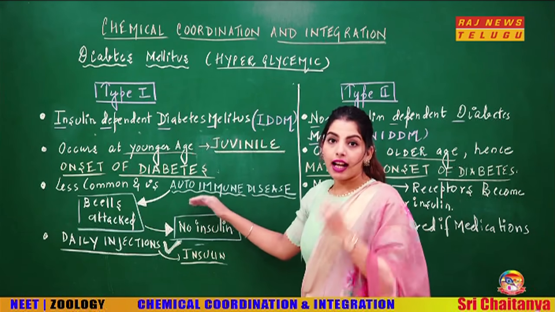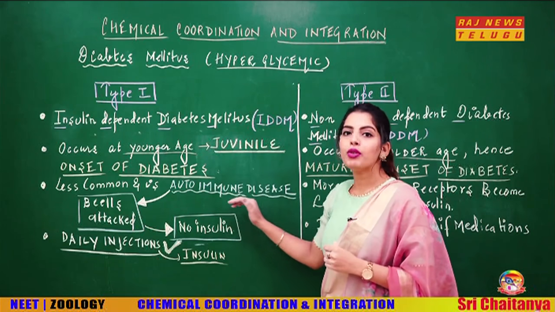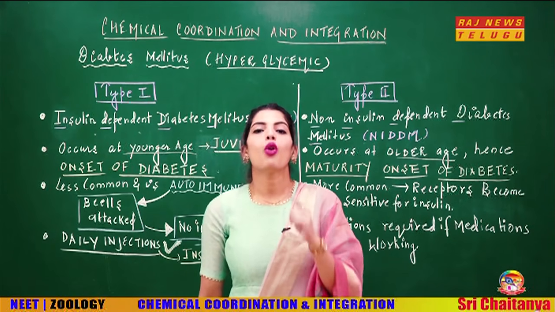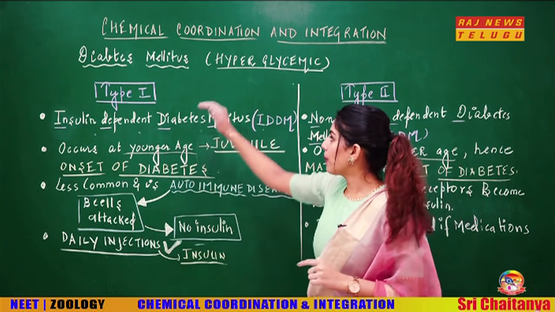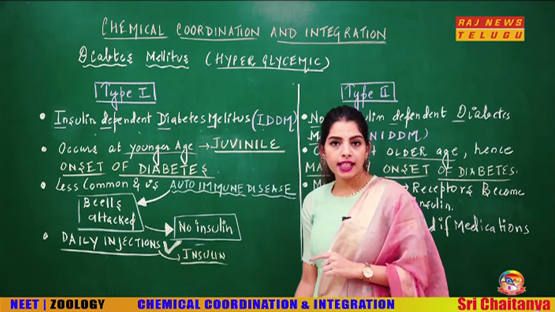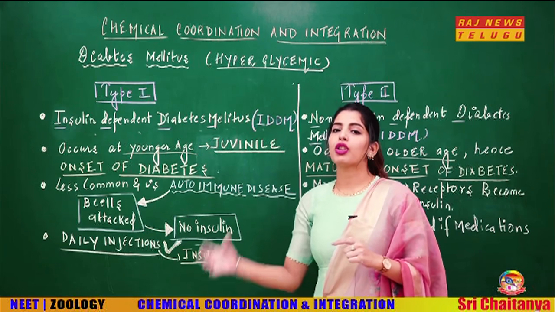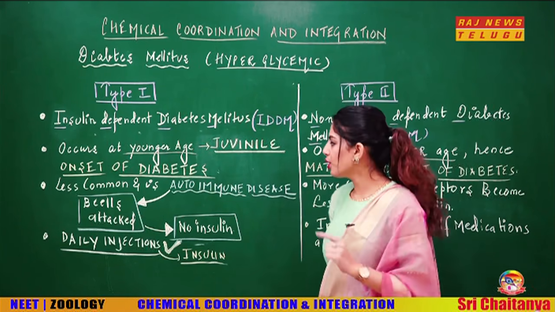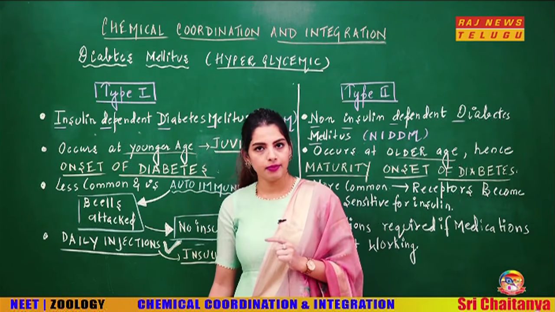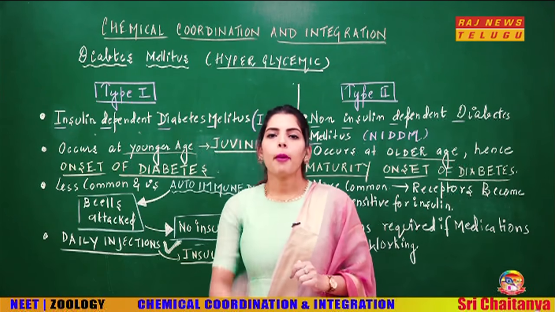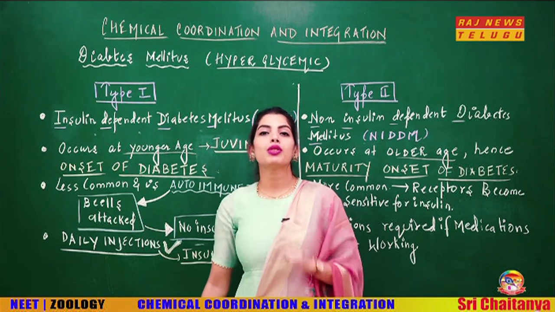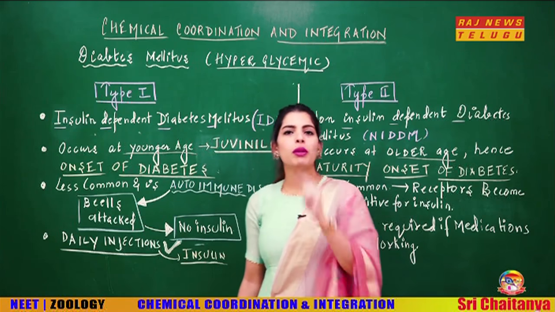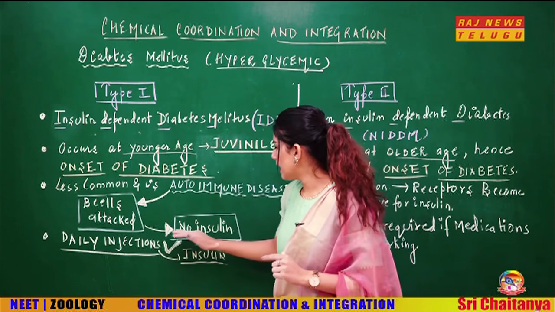Talking about this, students, it's an autoimmune disease. If I ask you, among type 1 and type 2, which is an autoimmune disease? Type 1 is actually an autoimmune disease, and you know now very well that you attack your own body cells, and in type 1 you attack the beta cells. If you can recall, beta cells were the cells that produce insulin. If I damage these beta cells, what will not be produced is insulin.